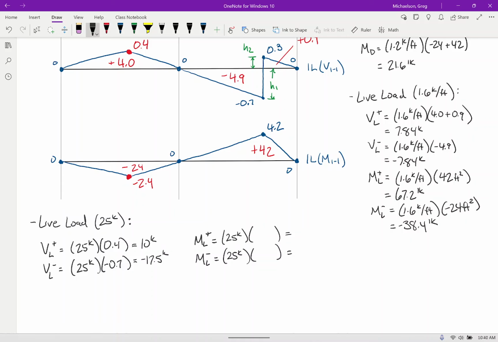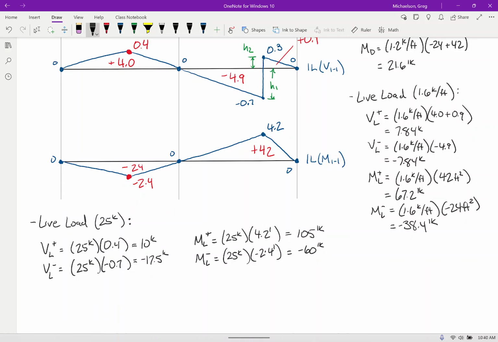Worst case negative value? Negative 2.4, right? That's feet for those of you that are unit conscious. And I think this is going to come out to 105 and negative 60.